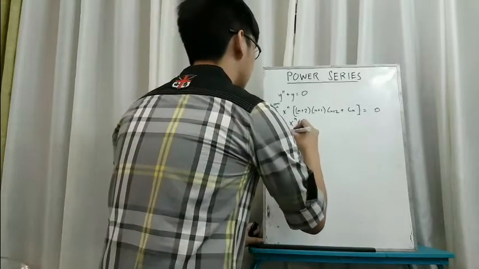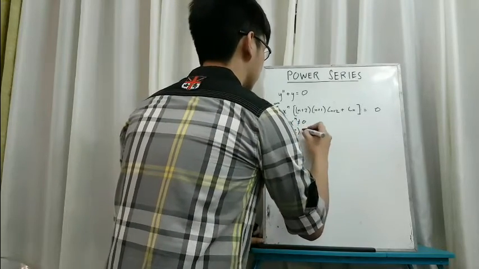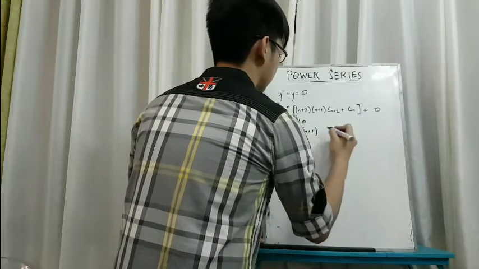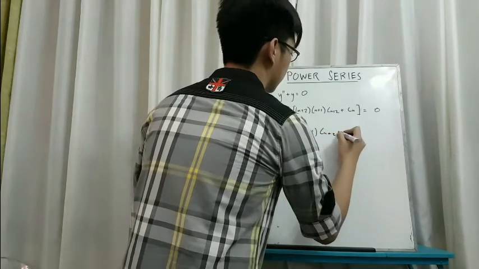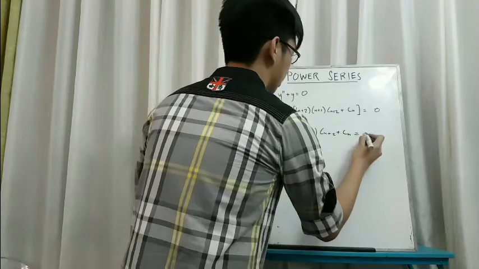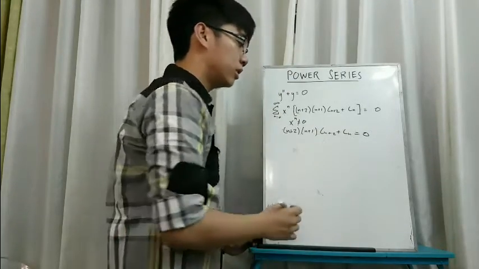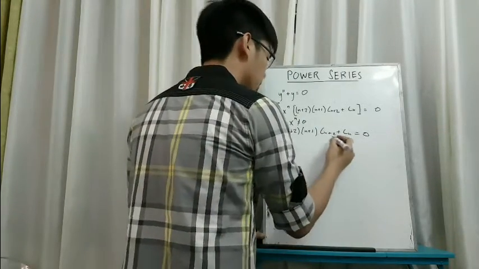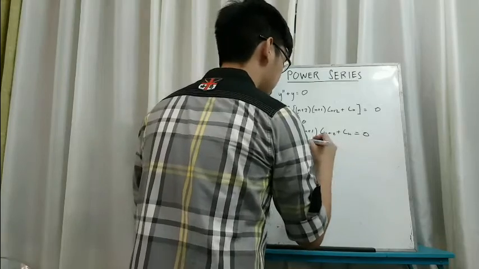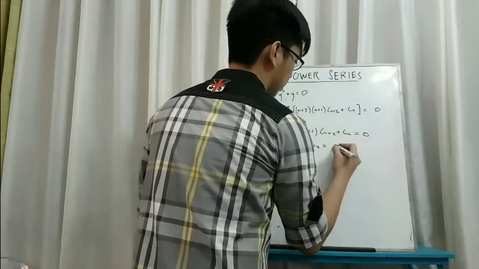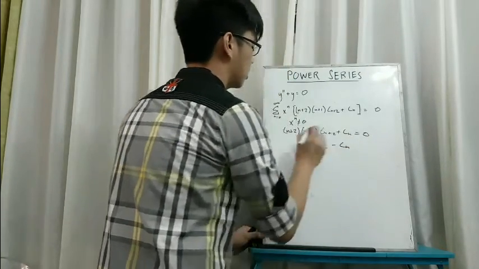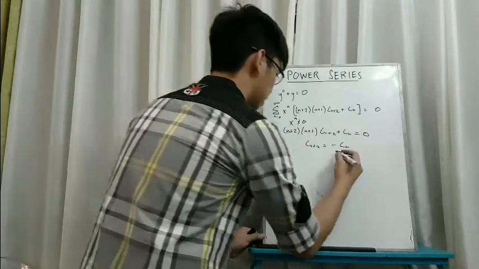So let's rewrite it. In order to evaluate this, we transpose this to the other side and divide both sides by this.